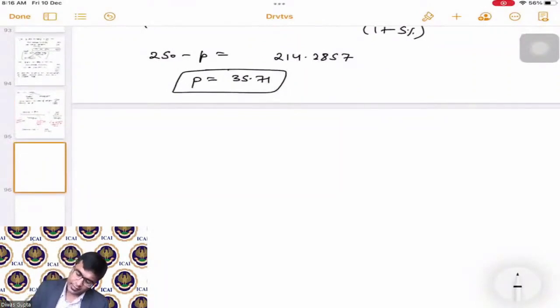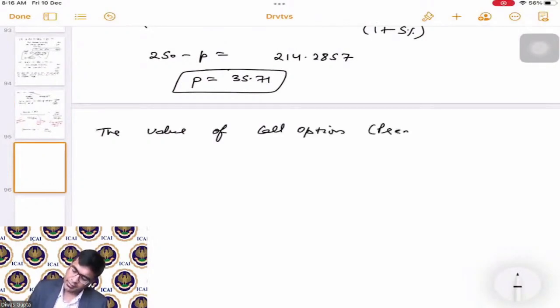Hence, the value of call option, which is nothing but the premium, is equal to 35.71 rupees.